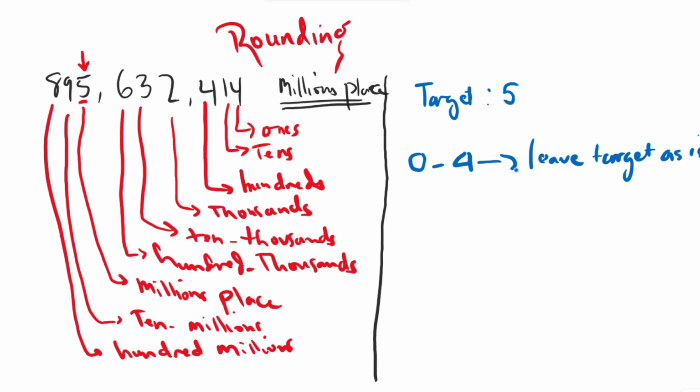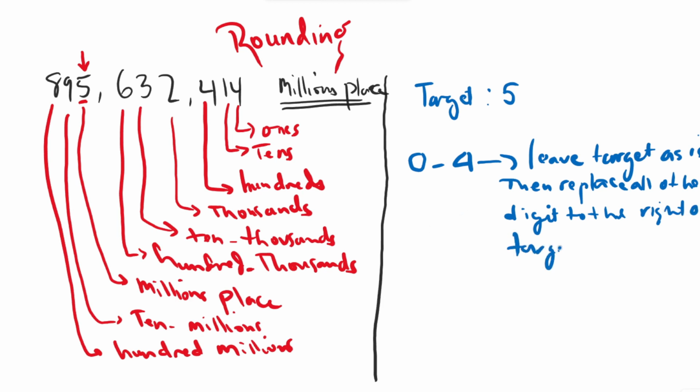But then you replace all other digits to the right of the target with zeros. All right, that's the second rule.